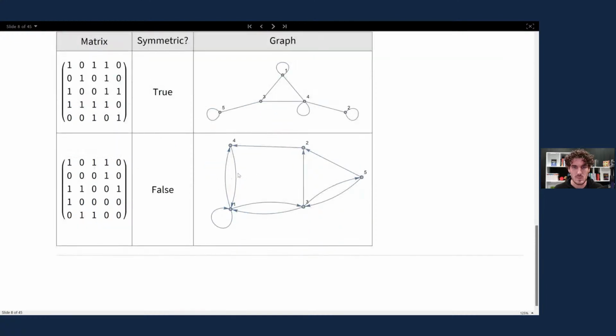Look at this between 1 and 4. Here and here, this is symmetric, but because we have asymmetry elsewhere, we need a directed graph. Therefore, you need a pair of directed edges.